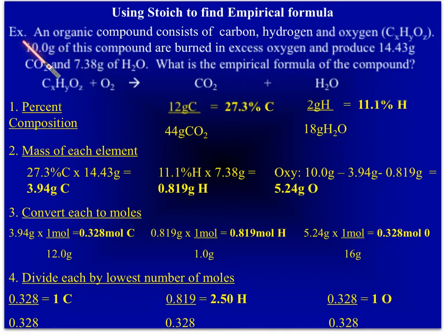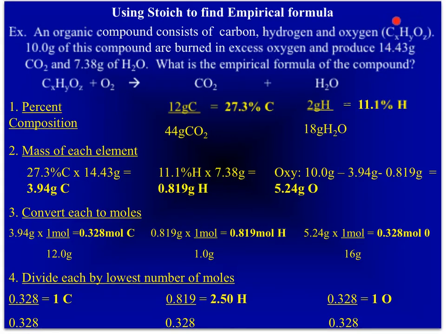We do know we have 10 grams of that compound. We burn it with oxygen, and it produces 14.43 grams of carbon dioxide, and we also produce 7.38 grams of water.